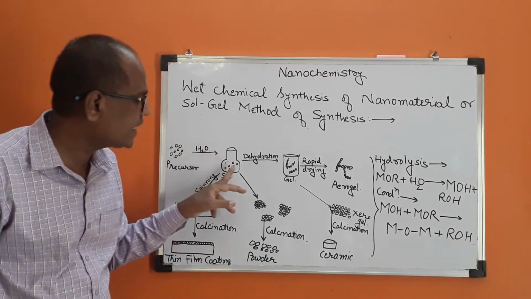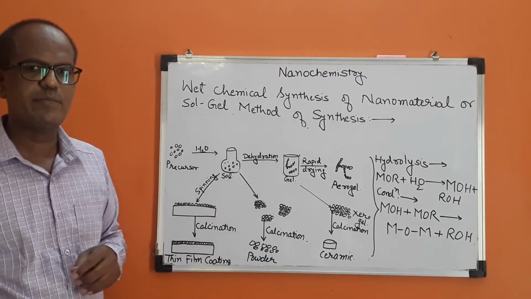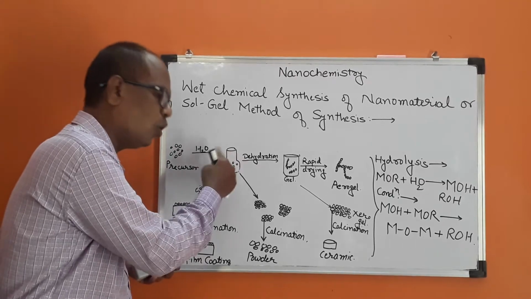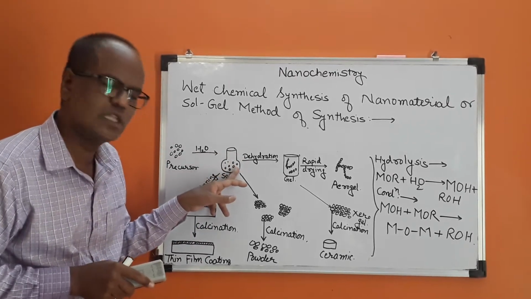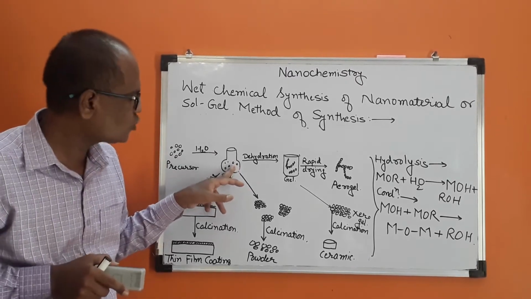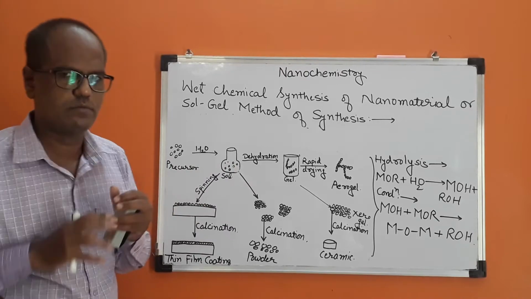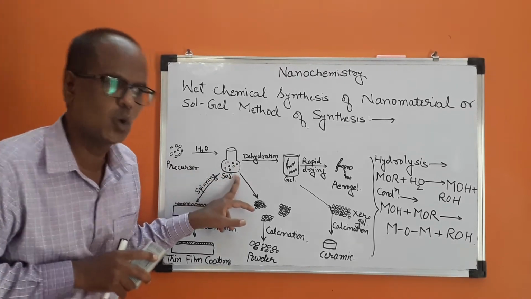So water is acting as the dispersion medium, and in this whole round bottom flask, the dispersion medium, aqueous water, is present, in which these solid particles are spread over. That is known as a colloidal solution. We call it Sol.